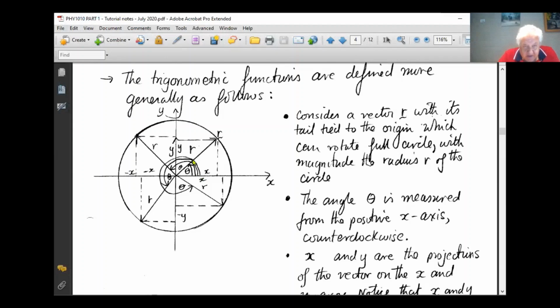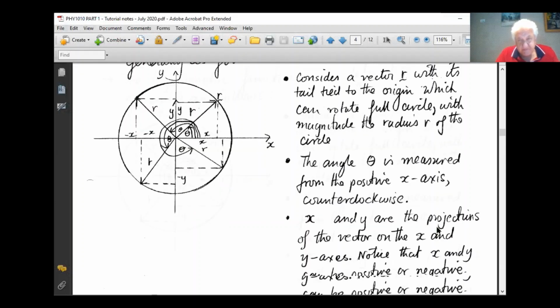The angle theta is measured from the positive x-axis counterclockwise, or anti-clockwise if you like. Whenever we use Cartesian coordinates in 2 dimensions, we always measure the angle relative to the positive x-axis going counterclockwise.